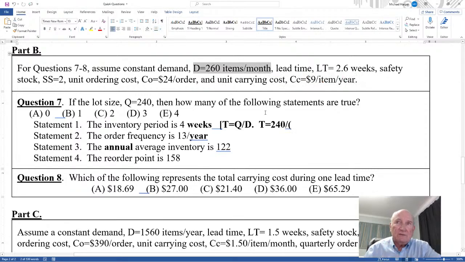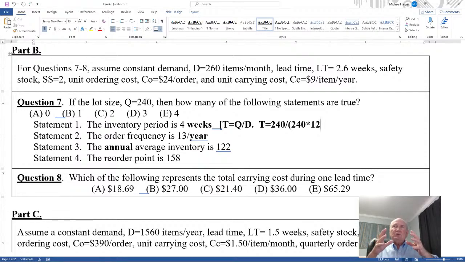It's given in months. We transform months to a year, 240 times 12 months in a year. That's my annual demand. Then divide that by 52 to get my weekly demand. So there's some conversion in there.